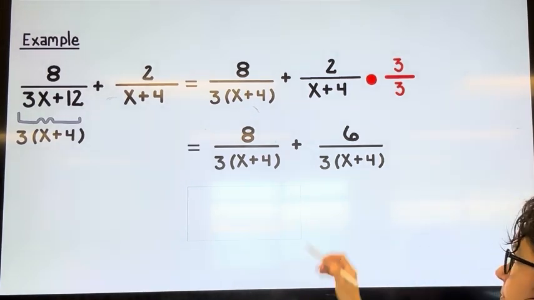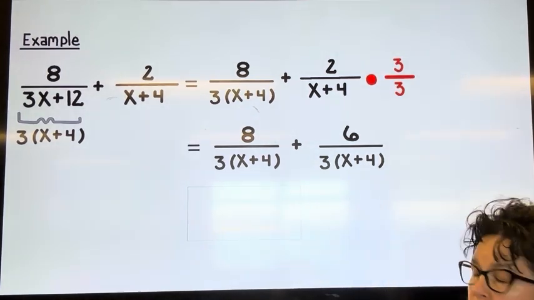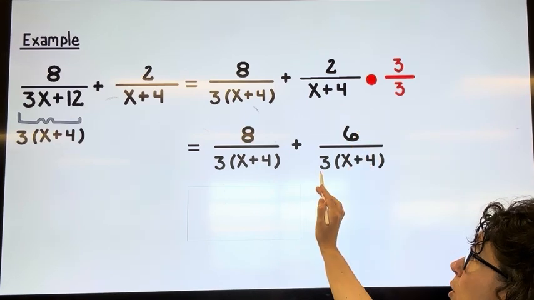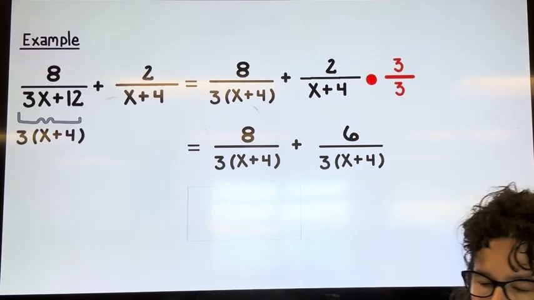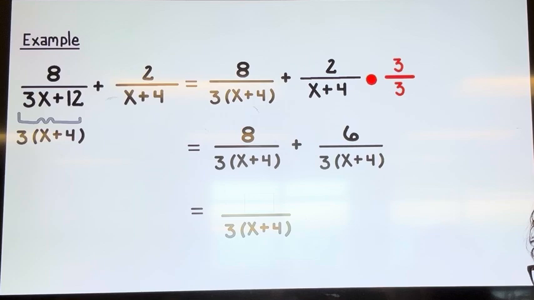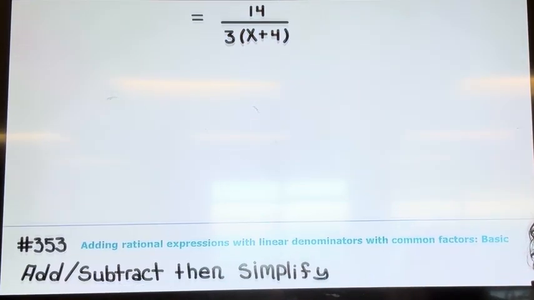Now that we have a common denominator, we can combine the numerators over the common denominator, and 8 plus 6 is going to be 14. Okay, now just a little bit harder one.